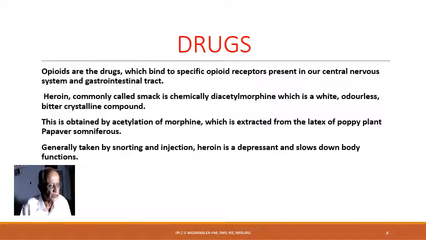They attack the opioid receptors of the brain, and they do not allow it to receive any sensitive information from the neurons. And therefore they produce a kind of hallucination in the people who take opioids. Opium is one, heroin is another, hashish, and they are sometimes called charas. It is a white powder-like structure.